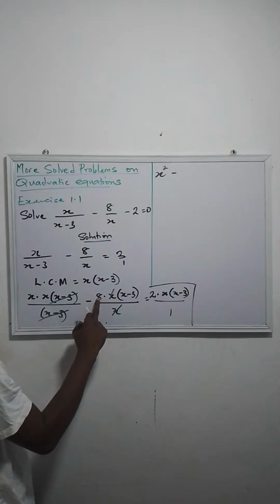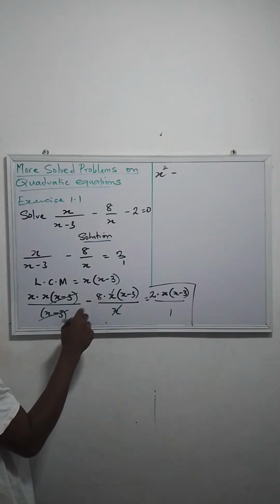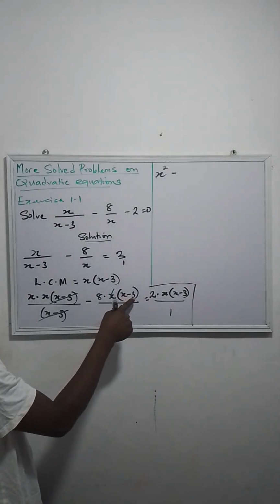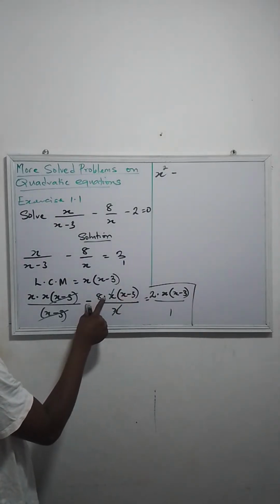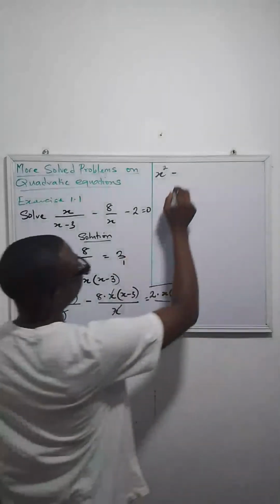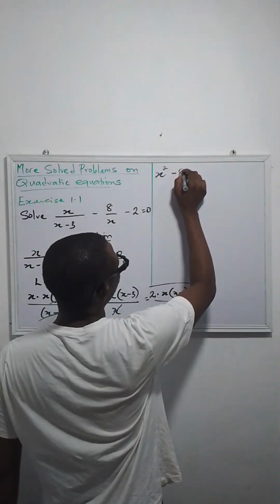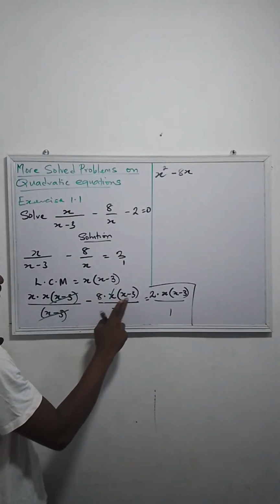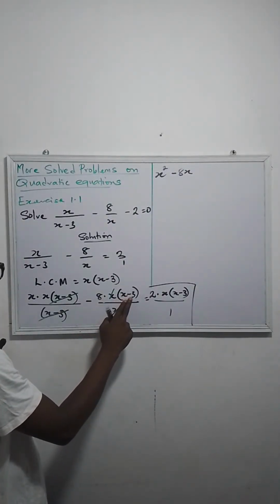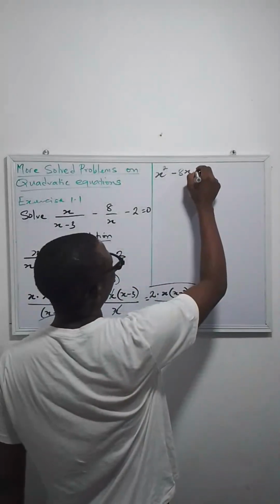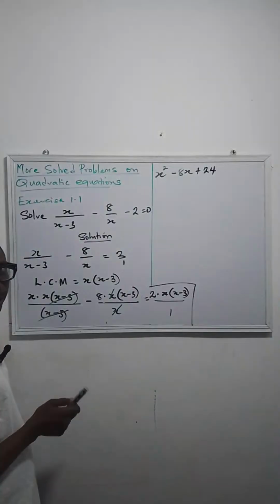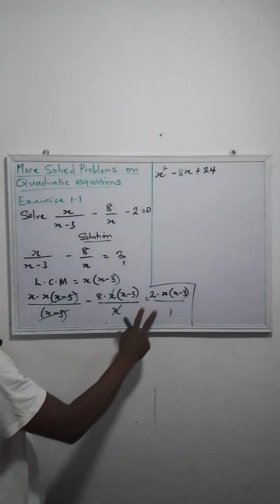This 8 is attached to this negative. So we have negative 8 multiplying x and negative 3. So negative 8 times x gives you negative 8x. Then you pick it again, negative 8 times negative 3 gives you positive 24. Okay? So now let's move down here.